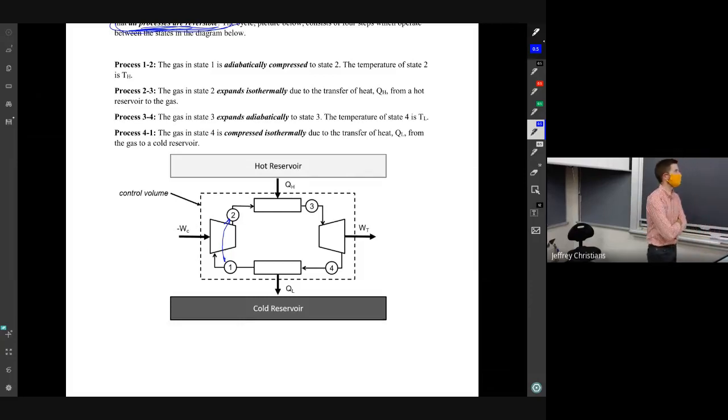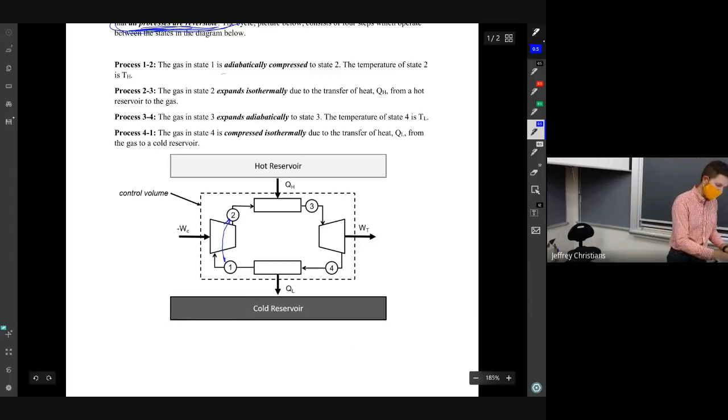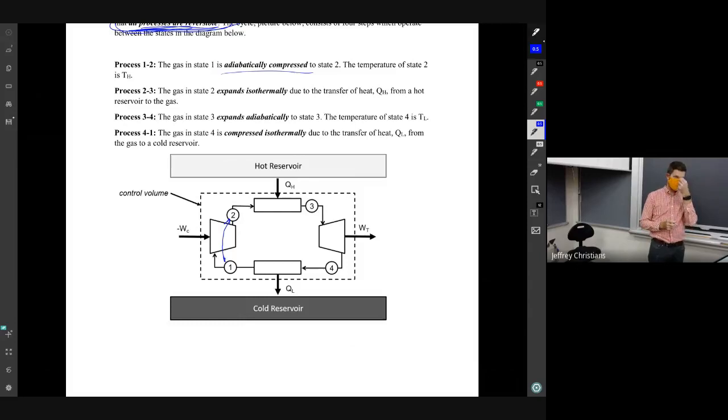When we were doing this on a homework, and I told you to solve this one piece of equipment, you'd have an inlet, which you called 1, and an exit that you'd call 2. We're going to do the same thing. So 1 is the inlet for this piece of equipment, 2 is the exit. And we're saying what happens between 1 and 2. What happens between 1 and 2 is that the gas is adiabatically compressed, right? But because this is Carnot, that's adiabatic and reversible. So this is a compressor.